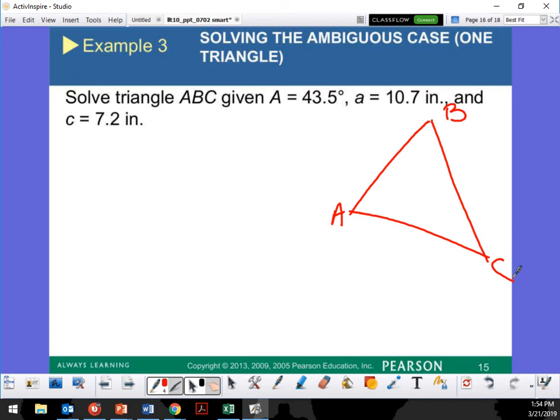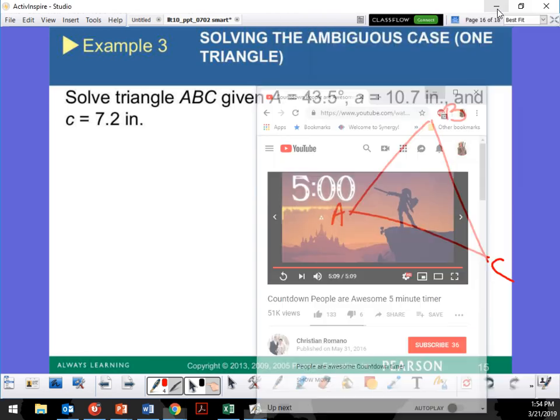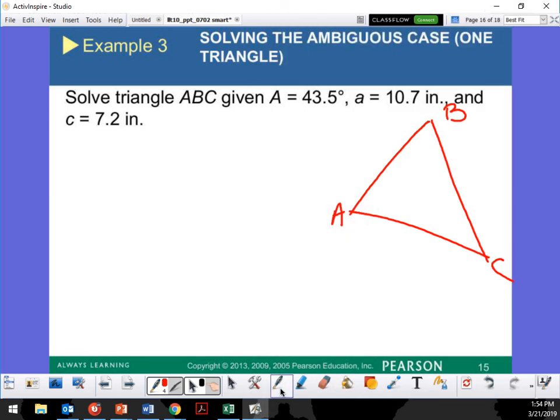So fine. Let's see. Big A is 43.5. And little a is 10.7. Little c is 7.2.